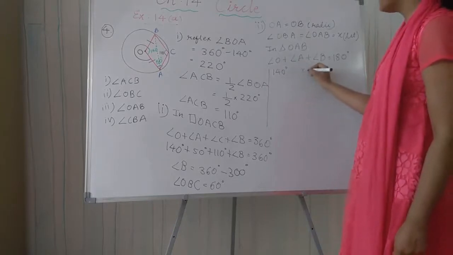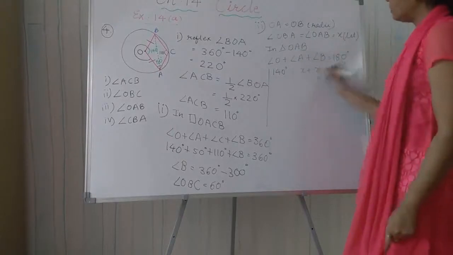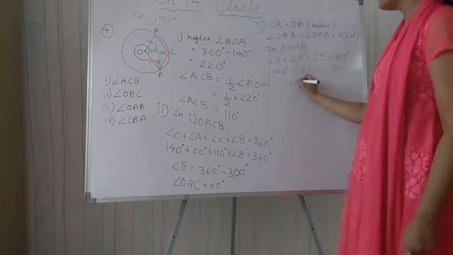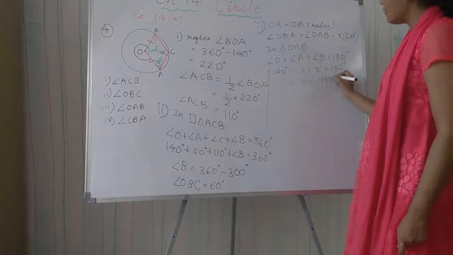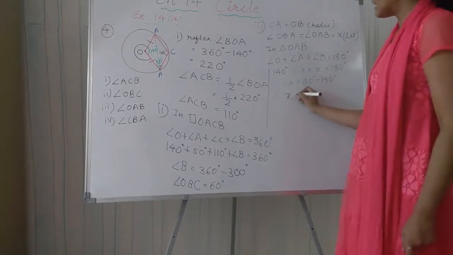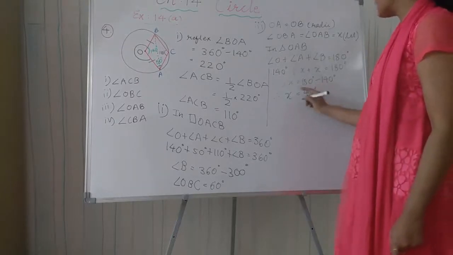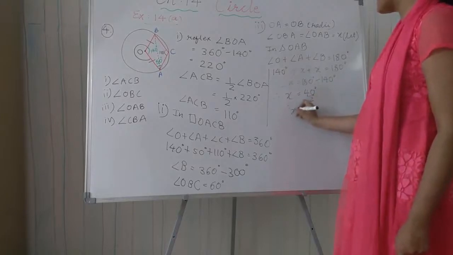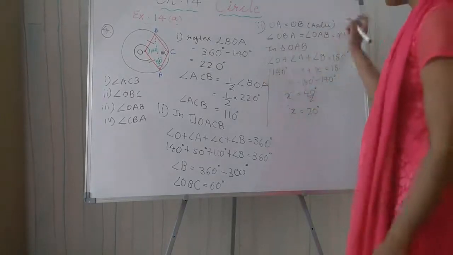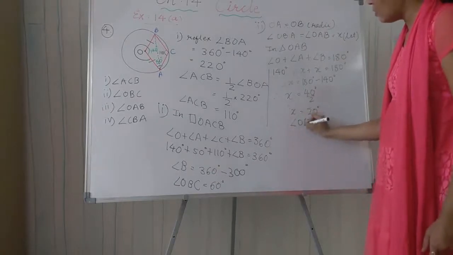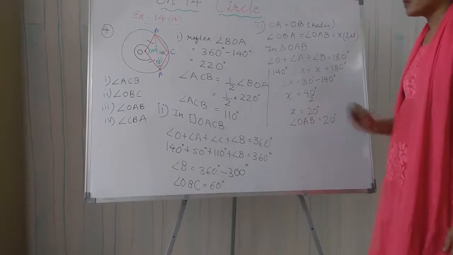Angle A is x, angle B is also x. So 2x is equal to 180 degrees minus 140 degrees. Therefore 2x is 40 degrees, so x is equal to 20 degrees. So we get angle OAB as 20 degrees, which they asked to find.